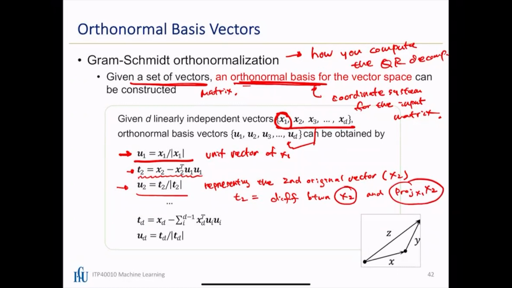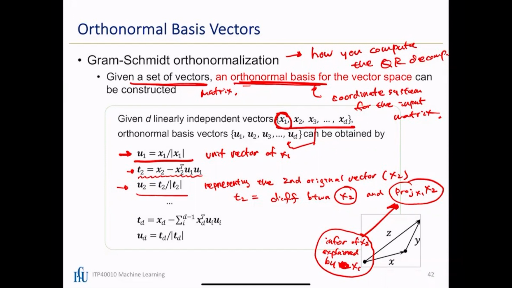We can say this projection of x2 on x1 is the information of x2 explained by x1. You take the difference between the original x2 and the projection, and it is normalized eventually, and that's going to be u2.